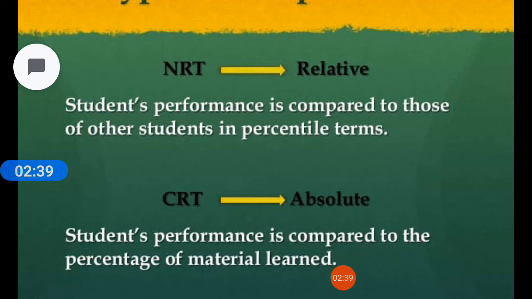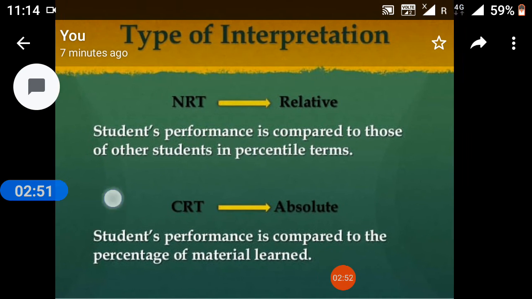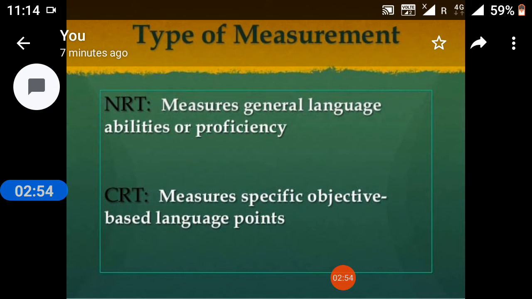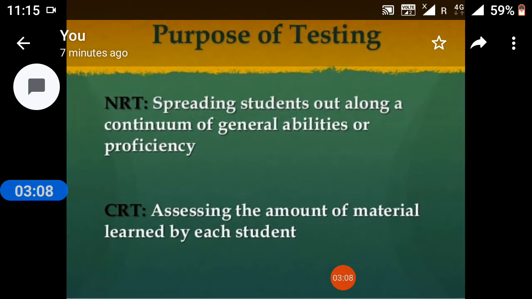But criterion reference test is absolute and students' performance is compared to the percentage of material learned. Next, types of measurements. Norms reference test measures general language abilities or proficiency, and criterion reference test measures specific objectives based language points.